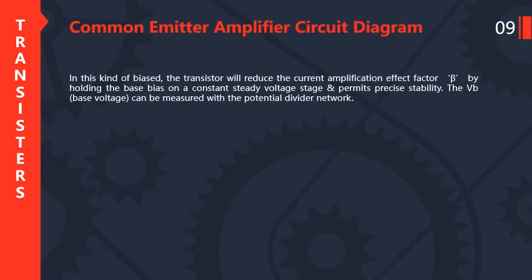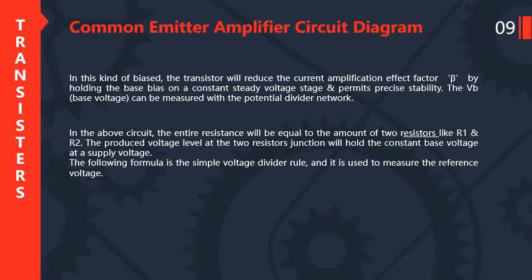In this kind of biasing, the transistor will reduce the current amplification factor beta by holding the base bias at a constant steady voltage level and permit precise stability. The VB is called the base voltage, and it can be measured with the potential divider network.